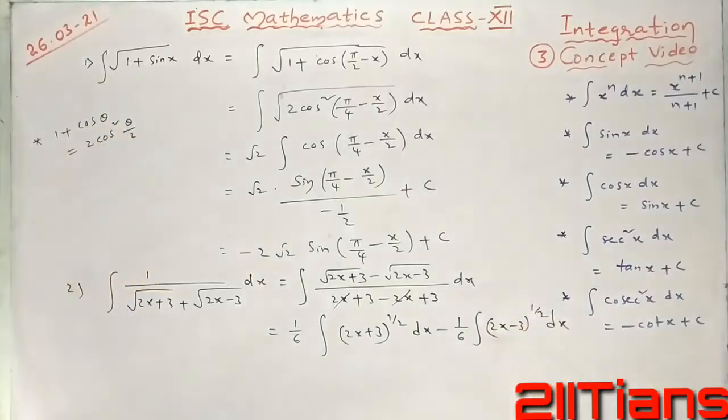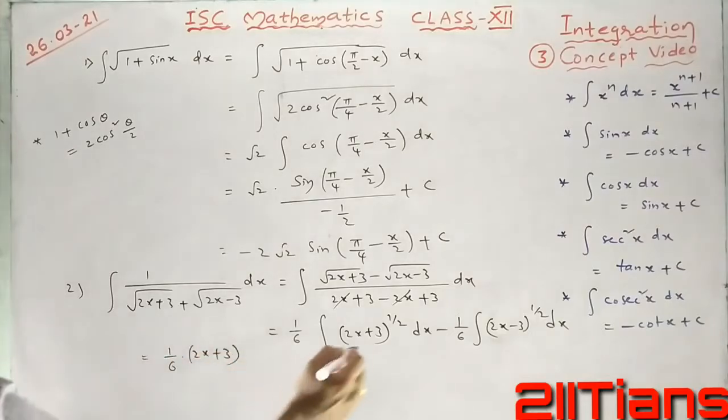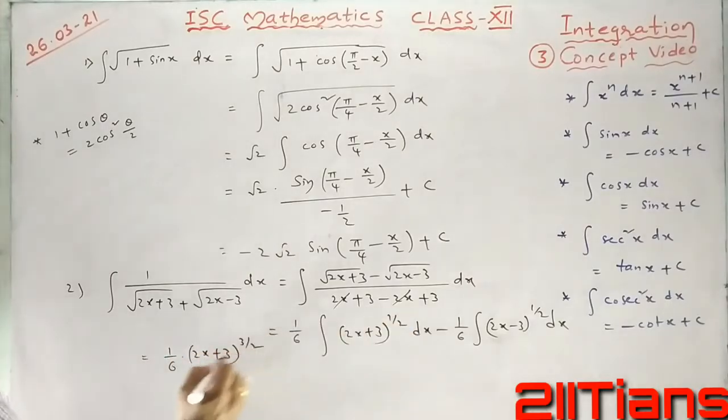Now write the integration. We will get 1 by 6 times x power n integration, x power n plus 1, that is 3 by 2 upon 3 by 2. But the coefficient of x here will be in the denominator.